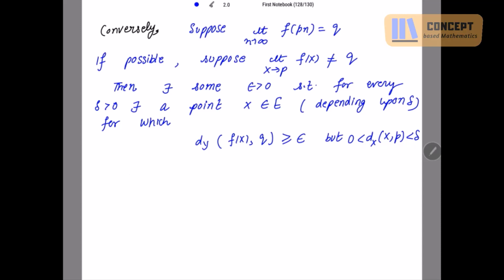Now I choose this delta to be equal to 1 by n. Why am I choosing this? Because I have to see the limit n tends to infinity.